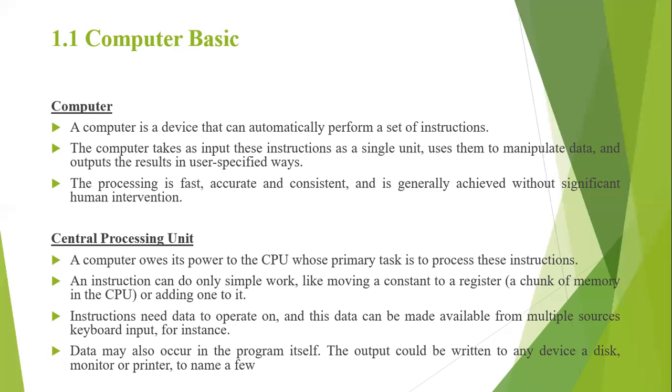Apart from the control unit and ALU, the CPU also includes the instruction register, program counter, memory address register, and memory data register. The instruction register holds the instruction to be executed.